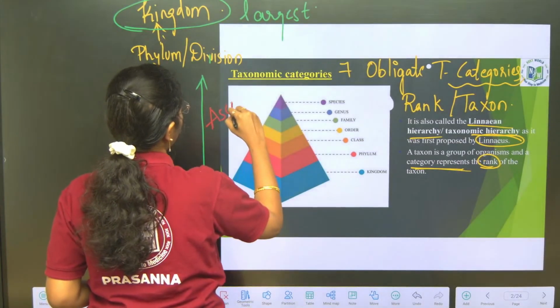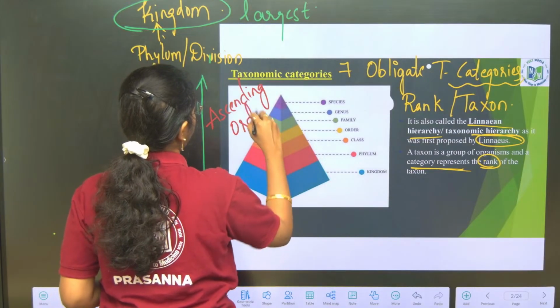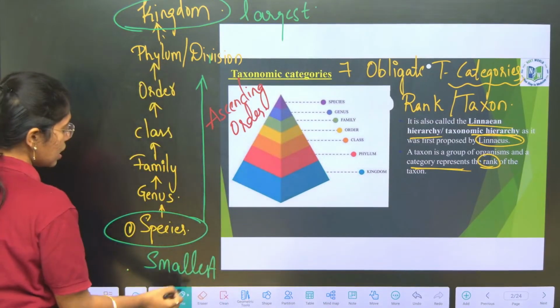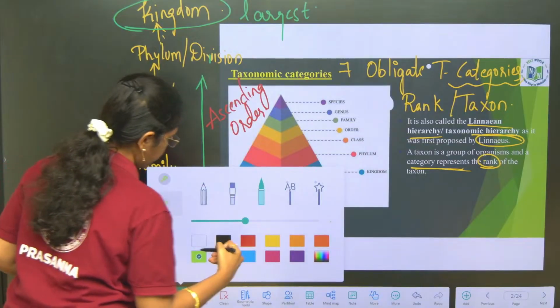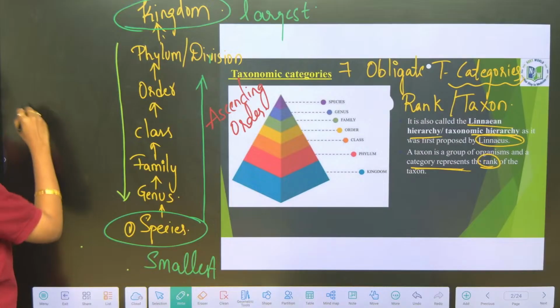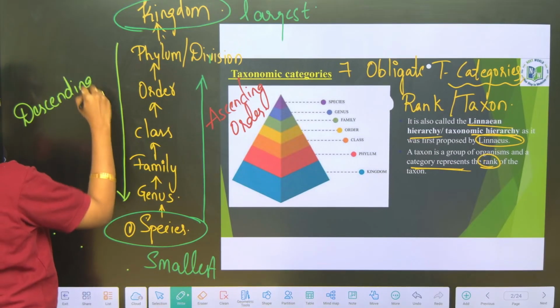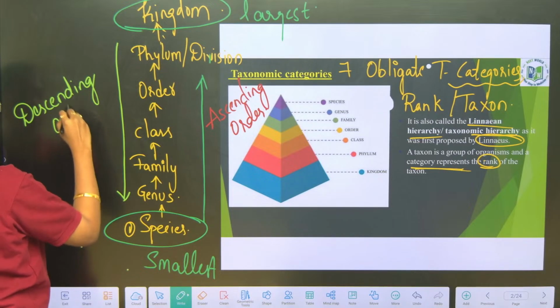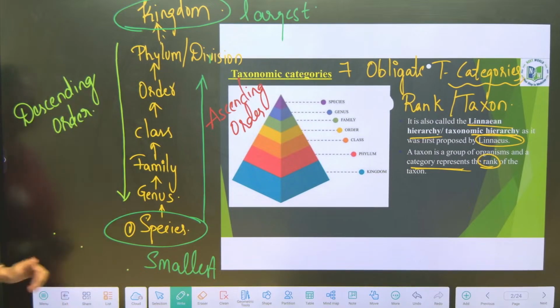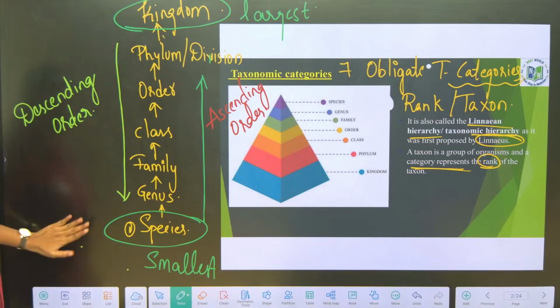From kingdom to species will be the descending order.